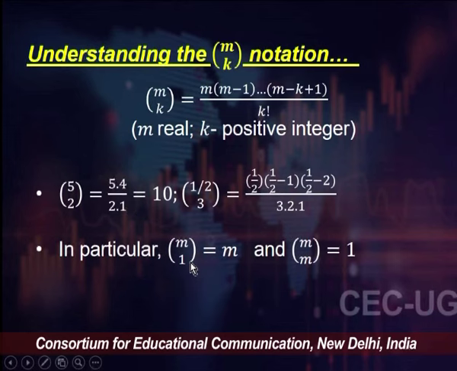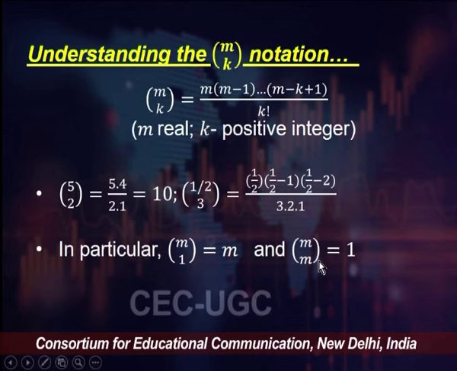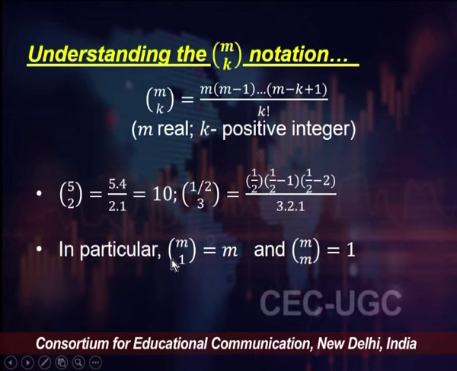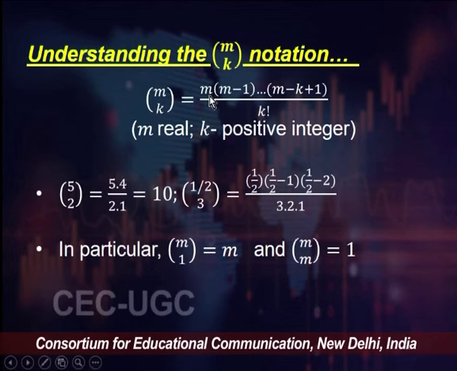Okay. Similarly, if you calculate MC1, that's exactly equal to m, okay, and MCM is exactly equal to 1. So that also you can check for yourselves, because if k is 1, then you're going to have m as the last term or the first term in fact.